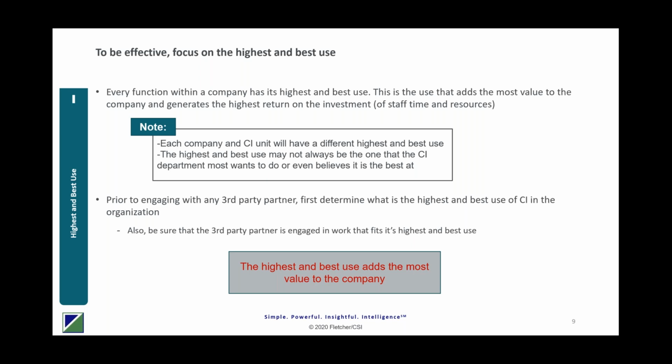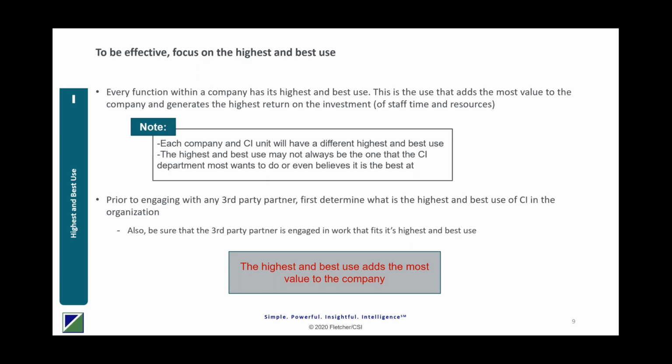Keep in mind, though, the highest and best use for your particular company may not be the same one as other companies. The highest and best use that your company wants is the one that adds the most value to your company itself from that CI operation.